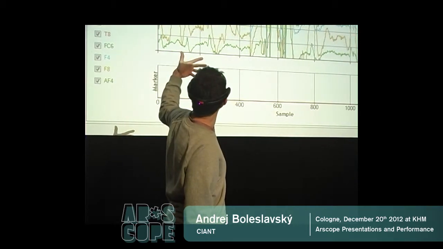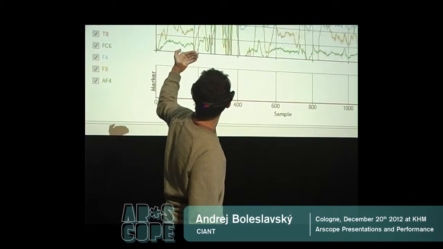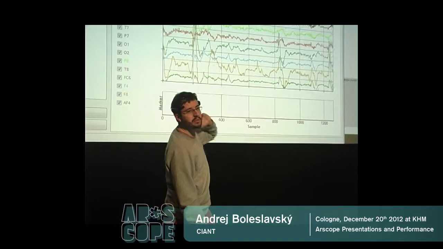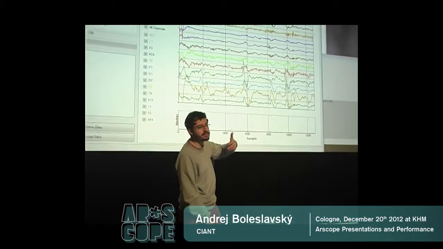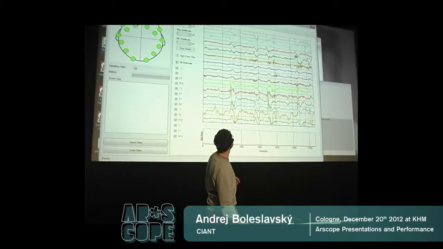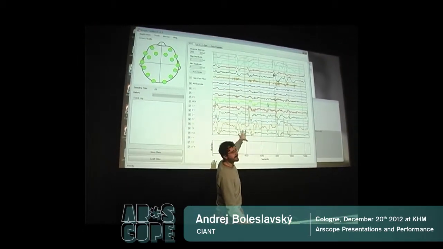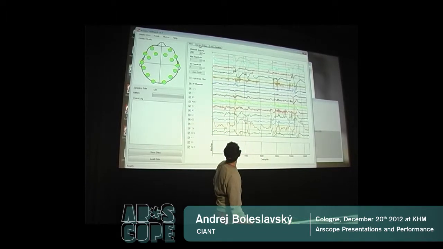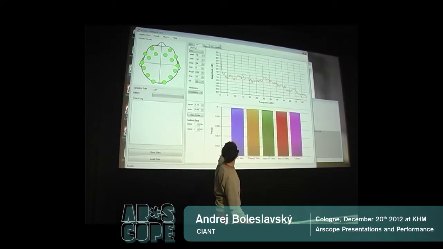It's 14 sensors, and this is the raw signal, which is pretty distorted when I move my head or when I speak, when I blink, and so on. And these waves are already connected to the state of my mind. You can get some basic data processing and signal processing from this.